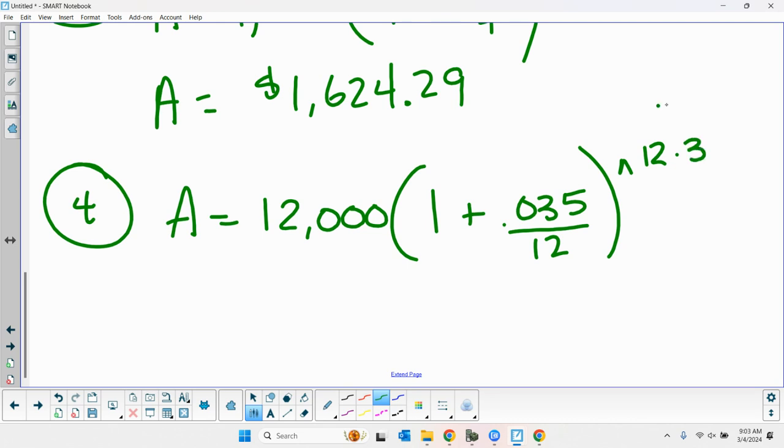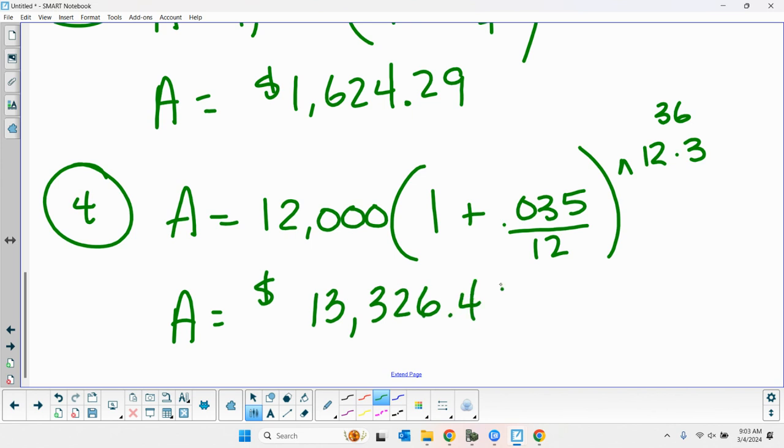So most of you know 12 times 3 is 36. So just put the 36 in. Cole, what'd you get? $13,326.49. So again, those are just formulas we have to plug in and put the right numbers in the right spots, right? Make sure you put it in our calculator correctly.